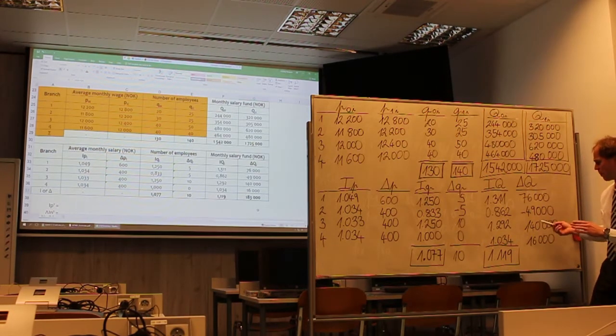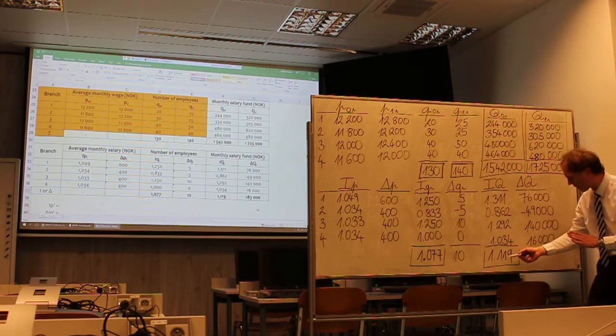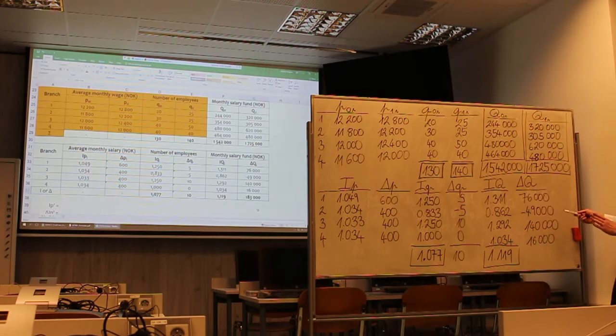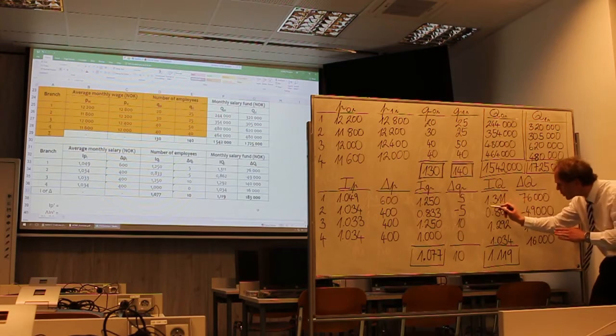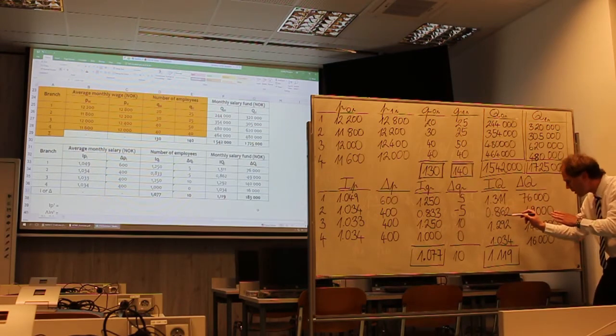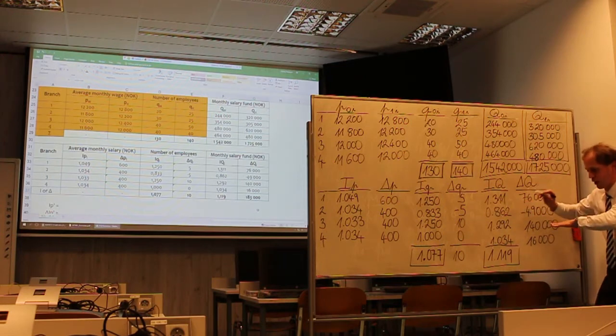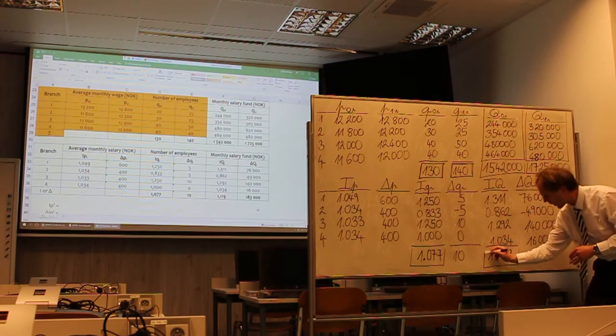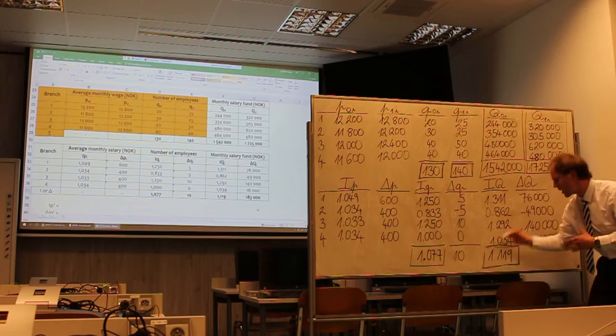Between year 2010 and 2011, your monthly money fund increased by 11.9%. In some branch offices there was a larger increase, in some a decrease, but in total there is an increase.